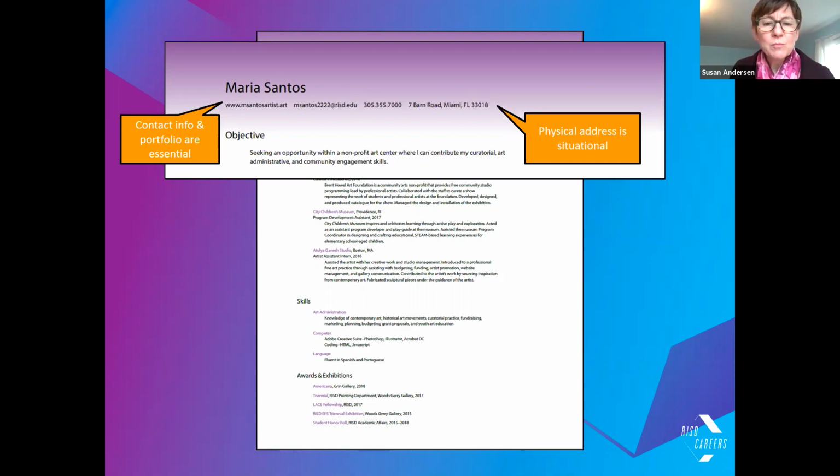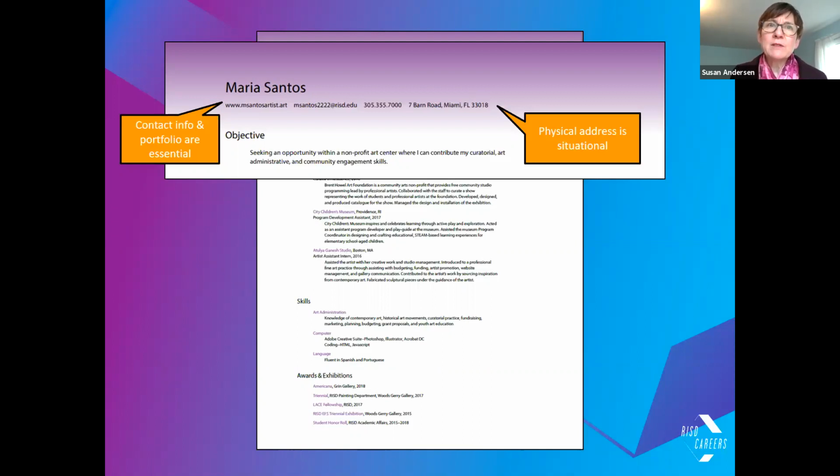When Scott and I were talking about this presentation, one of the other things that came up with regard to physical address is that in some instances, students just may not feel comfortable putting their personal contact info on the resume. So I think it's also personal choice that dictates this, naturally.